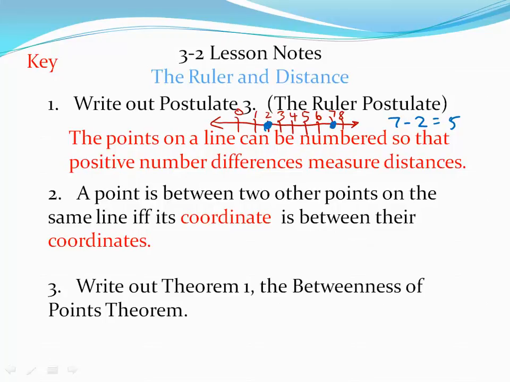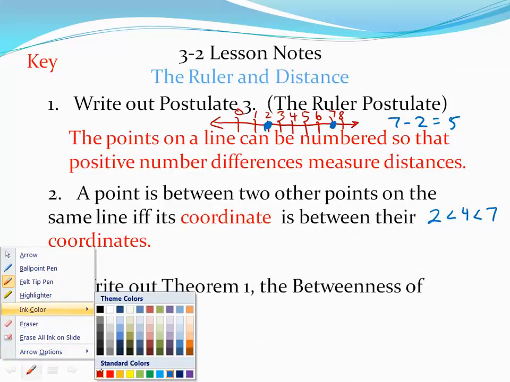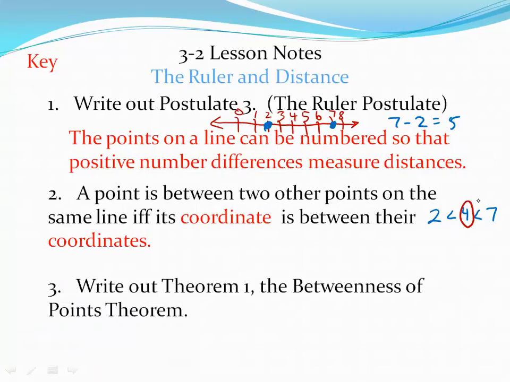So you could say that as 2 is less than 4, which is less than 7. That's mathematically a way that you could express that. Look at 4: 4 is between 2 and 7. So that's how we know that the point is between these two other points, 2 and 7. Don't outthink yourself on that one either. It's just the way it seems.